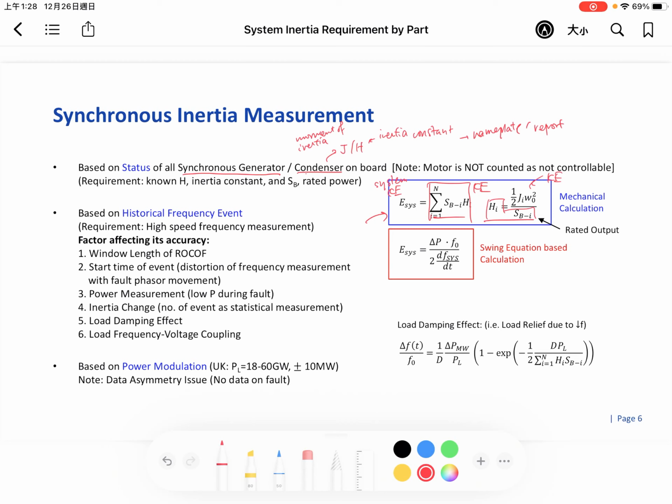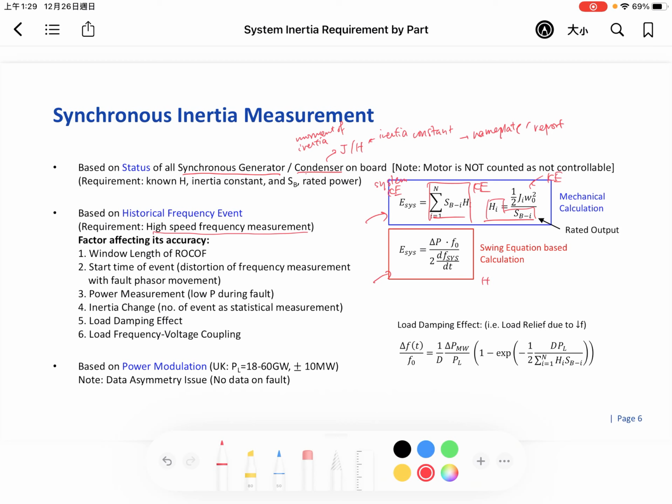There may be some kind of fast frequency measurement, like high speed frequency measurement, and there is some kind of historical event. We try to take out this kind of data and try to do some kind of analysis on the system inertia. Then we can use the swing equation base. Just remember the swing equation.